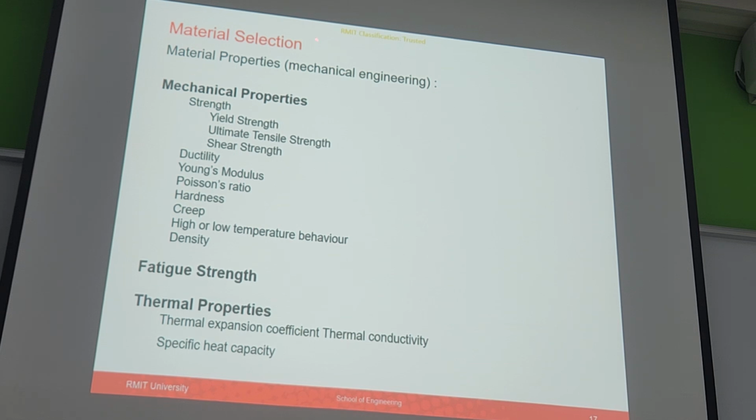Also for the material property, especially in mechanical engineering, you have to talk about mechanical properties, fatigue strength, thermal properties. These are very important for design. Not just design, you have to choose a material. Which material and which properties you need for the design.